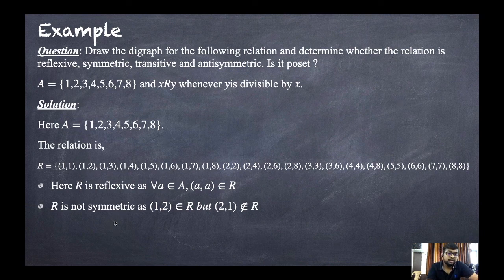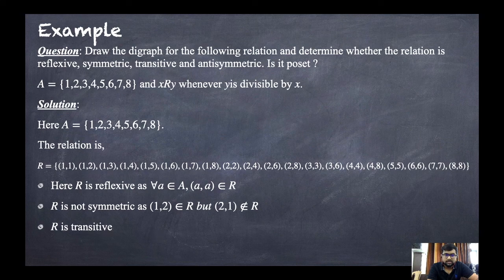Now to disprove anything, you just need to have one counter example, and that is here. For symmetry, if A is related to B, then B has to be related to A. But here, you can see that 1 is related to 2, but 2 is not related to 1. That means the 2 1 pair is not in the given relation. So that means it is not symmetric.